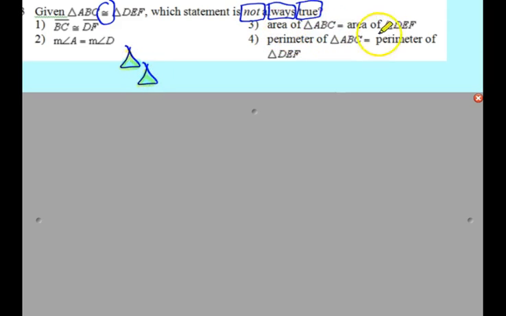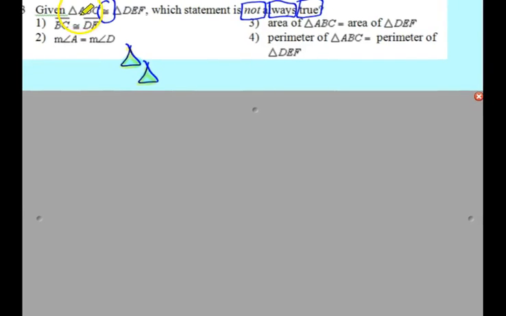So comparing these two triangles and their areas or perimeters will help us see that these choices 3 and 4 are always true. So that's not what we're picking. Now let's take a look at angle A and D. Are they corresponding? Because if they are, this is A and D, they are, then the statement is true.